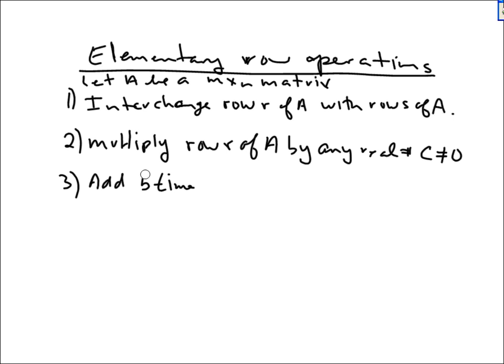We'll talk about that. You can add b times row R to row S, and rows R and S are from A. Now, why can b be 0? Because 0 times row R will be a 0 row. And if you add zeros to each entry in row S, you get back row S. So we don't have to say b is not 0.